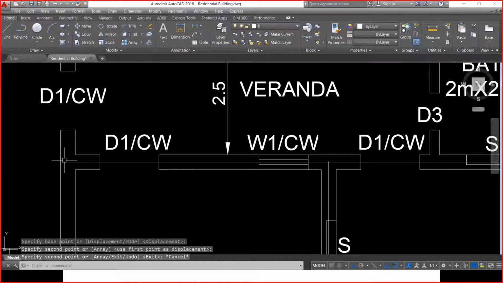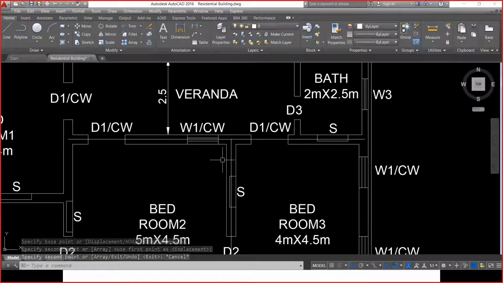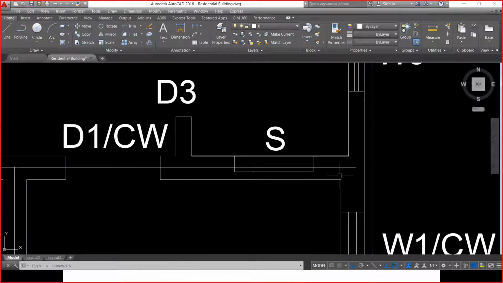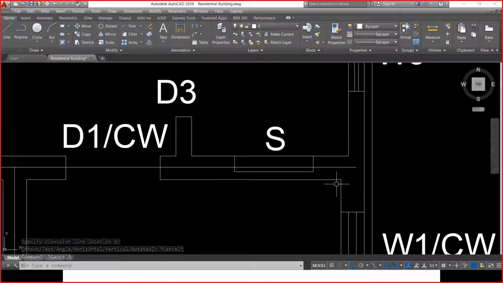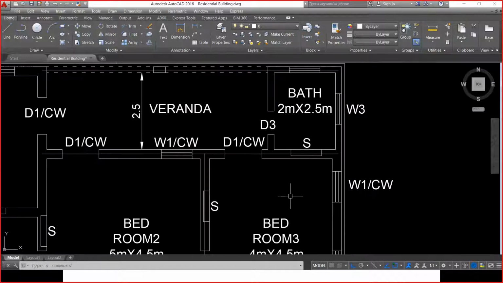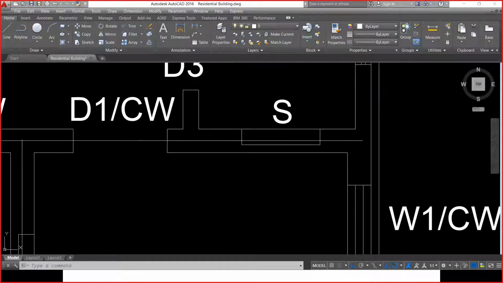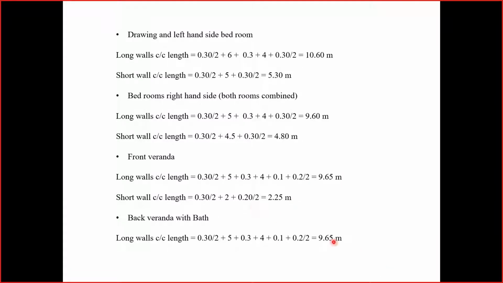So this is 30 centimeter divided by 2 plus width of the room is 5 meter plus 0.3 meter partition wall plus 4 meter is the width of the room plus 0.1, because as you can observe, this is a 30 centimeter wall and this is a 20 centimeter wall, and the difference between these two walls is 0.1 meter, right, 10 centimeter. So 4 meter plus 0.1 plus 0.2 by 2, that will get it as 9.65, which is the same as the center to center distance between the front wall, right.